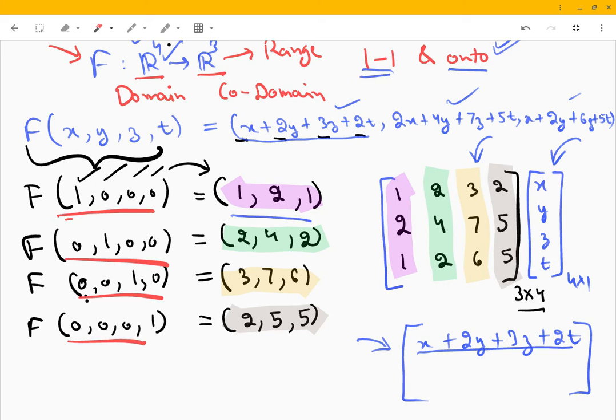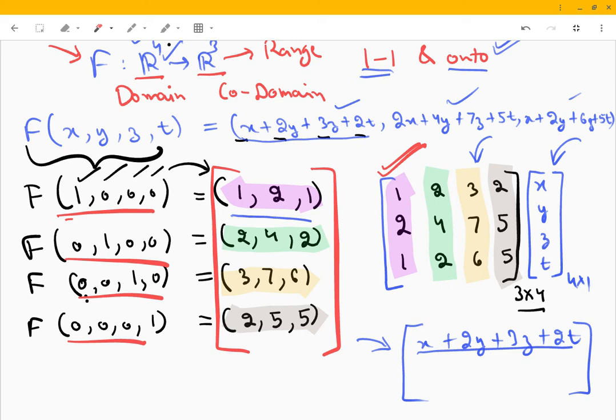Otherwise, you can clearly observe that when we take this transformation matrix and take the transpose of it, we will get a matrix which represents the image space. Okay, R3 is the image, right?